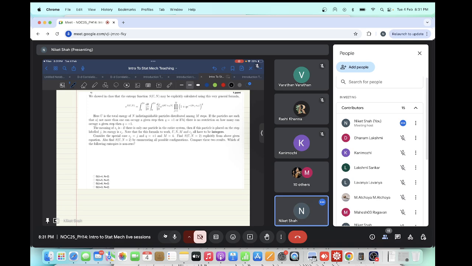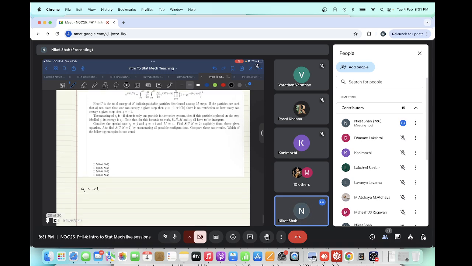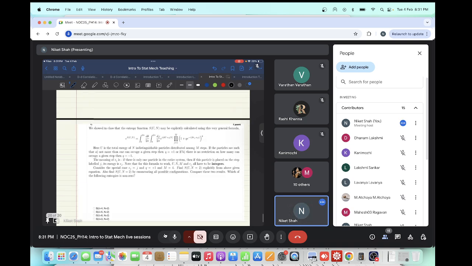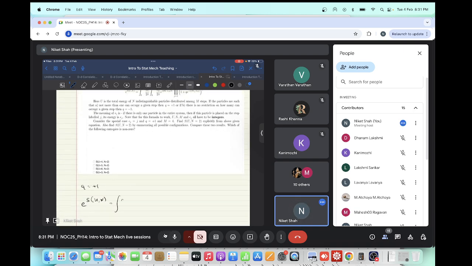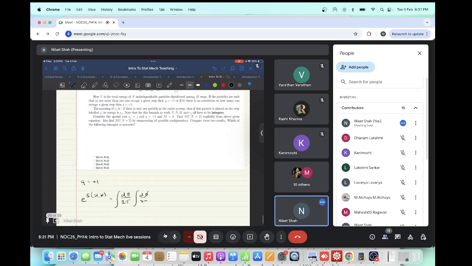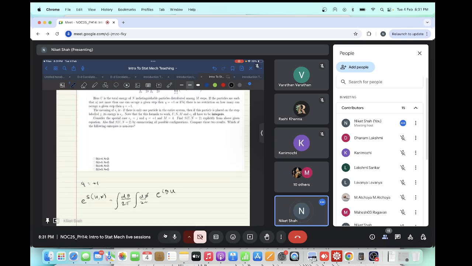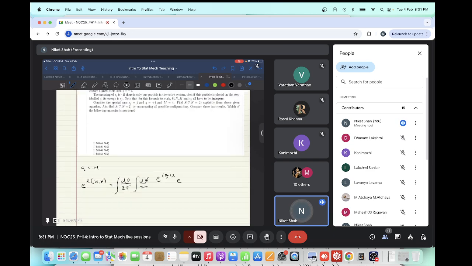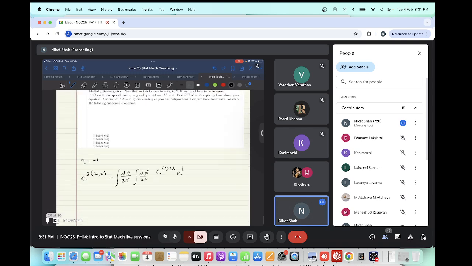So since Q is equal to plus 1, my expression is going to become this: e raised to power S u comma n is these integrals, d theta by 2 pi, integral d phi by 2 pi, e raised to I theta u, where u is not exactly fixed yet, e raised to power I phi n.